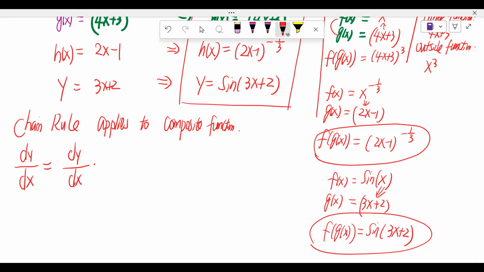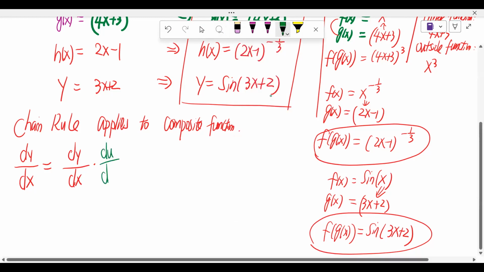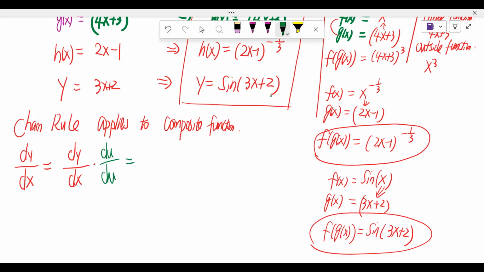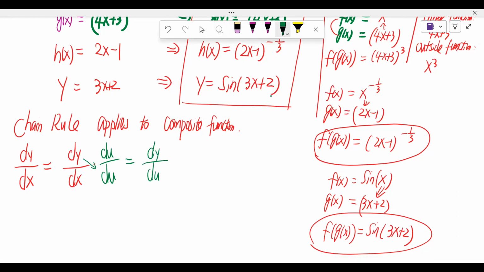So we multiply du on top, du on the bottom. Once you do that, now we can split into two quotients. First one is dy over du. So dy over du goes first. I just rearrange the order, right? And multiply by du over dx.